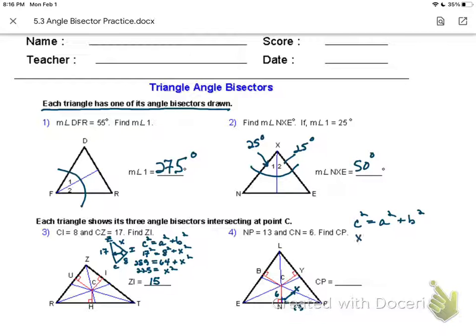That's going to be your x squared. And then take the other two legs and square them. So 6 squared is going to be 36, and 13 squared is 169. So 169 plus 36 is going to equal 205.